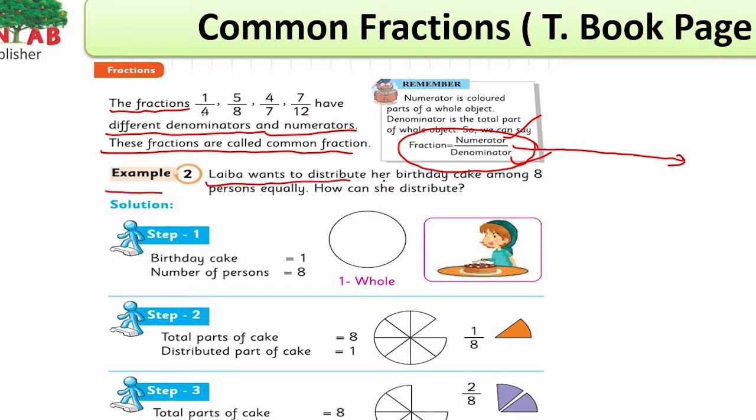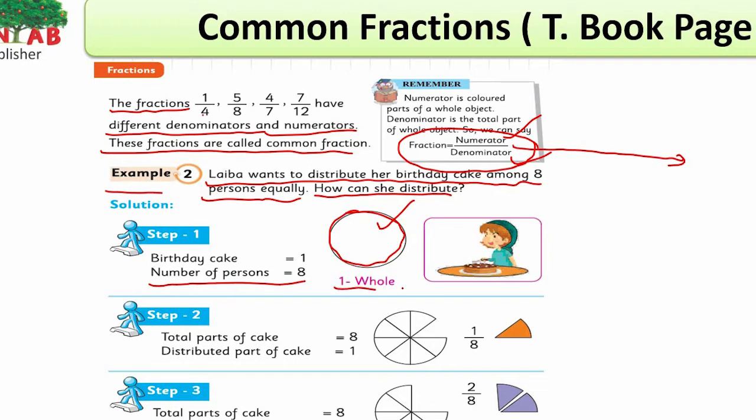Laiba wants to distribute her birthday cake among 8 persons equally. How can she distribute? How many birthday cakes? 1, complete. This is a whole cake. Number of persons? 8. So what does she have to do?